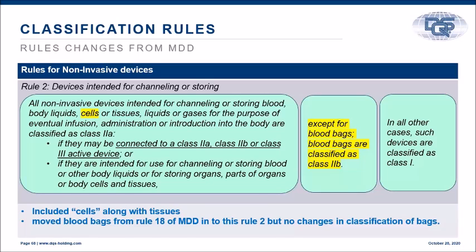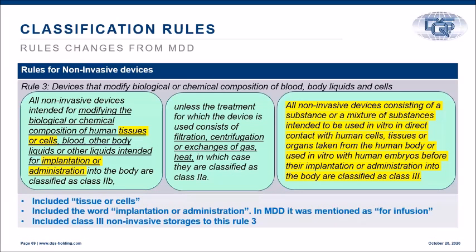They have included, except for blood bags, which are to be classified under class 2B, as was there before. If you look into the rule, all non-invasive devices intended for channeling or storing blood, body liquids, and storage of cells have also been introduced as a specific item. So here the cells have come in.